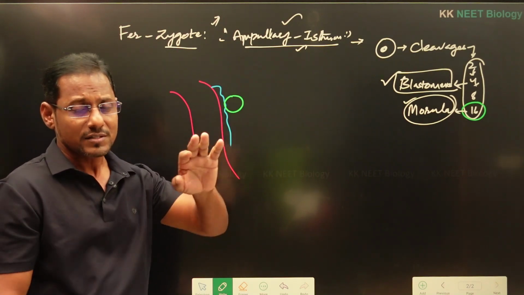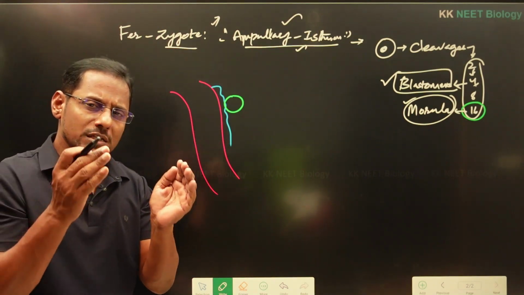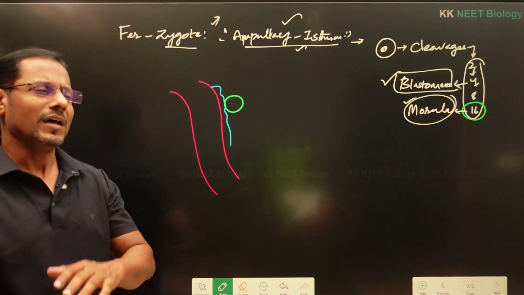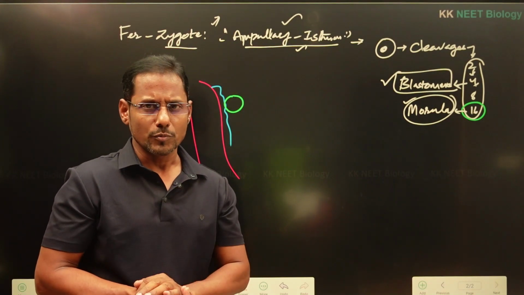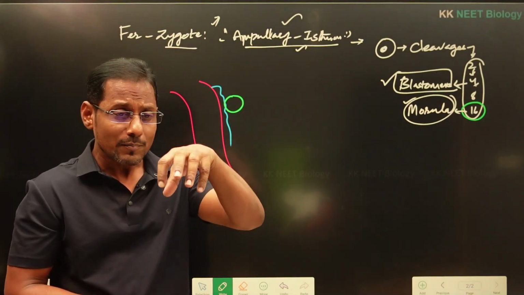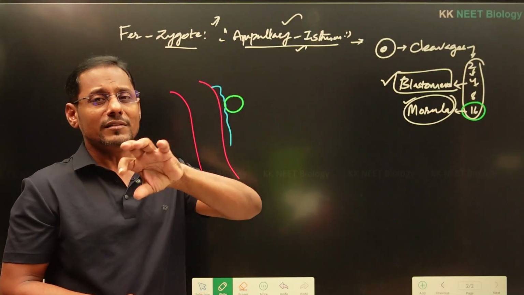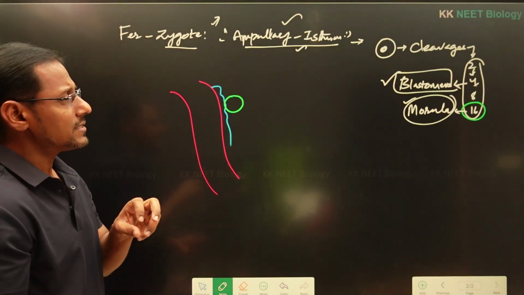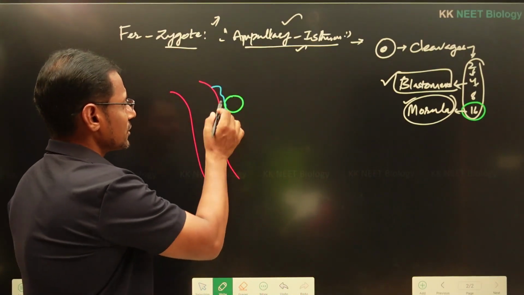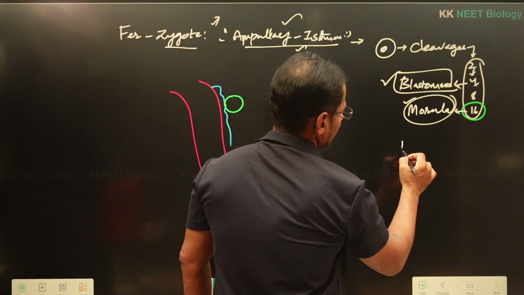After that 16 cell stage, those cells also divide mitotically. As a result, many cells are formed, and a cavity forms in that ball-like structure. That particular structure is known as blastula.